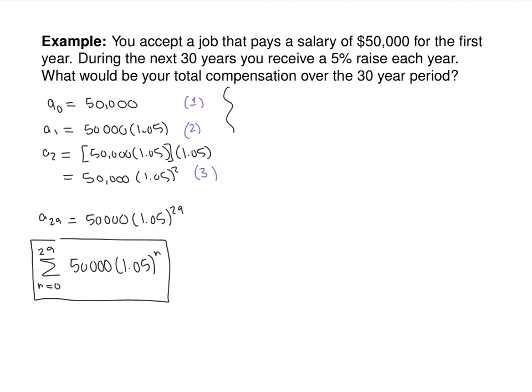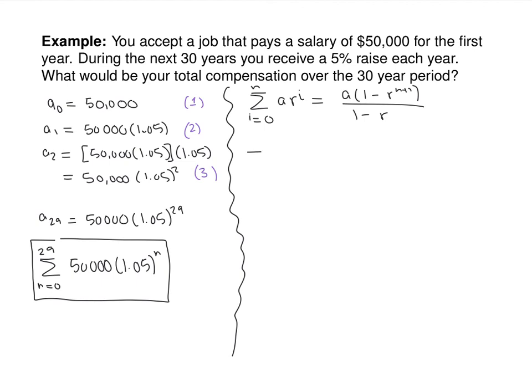Now when we proved the sum of a geometric series on the very first day, we had this partial sum, i equals 0 up to n, of a r to the i, and it equaled a times 1 minus r to the n plus 1 over 1 minus r. And we used that to find the formula if the n was infinity. So this will allow us to find the sum from i equals 0 to 29, a r to the i.